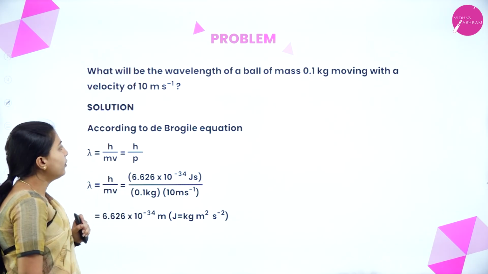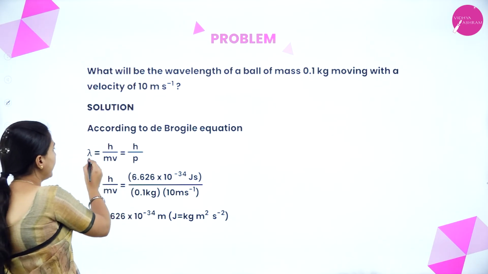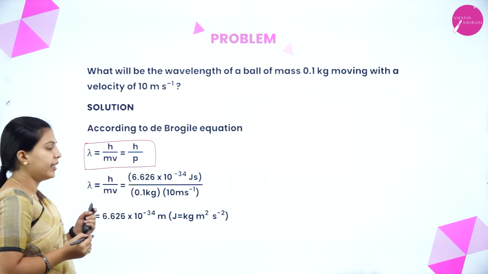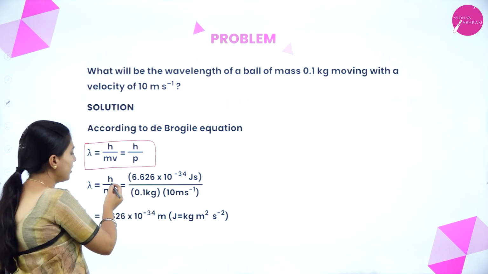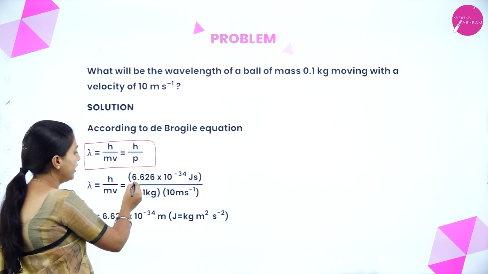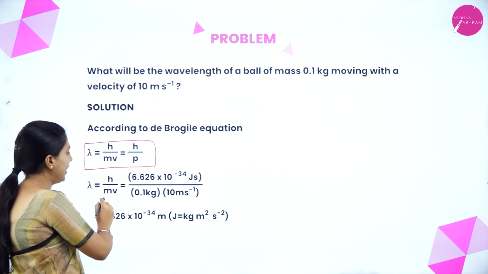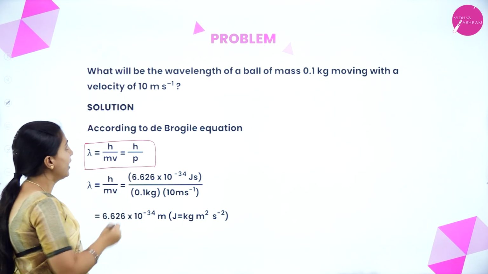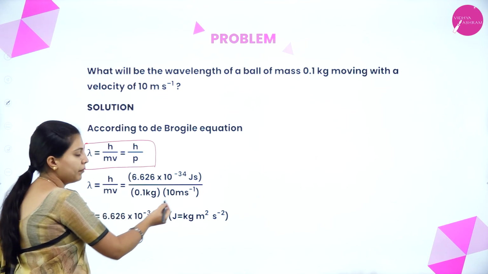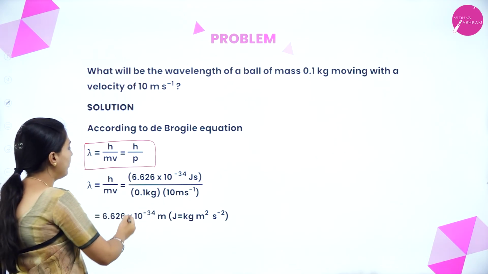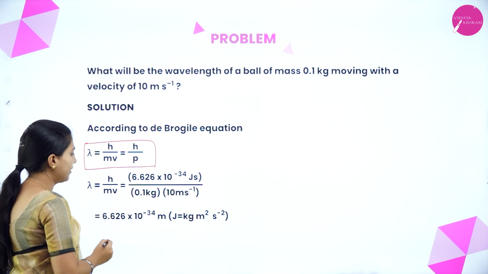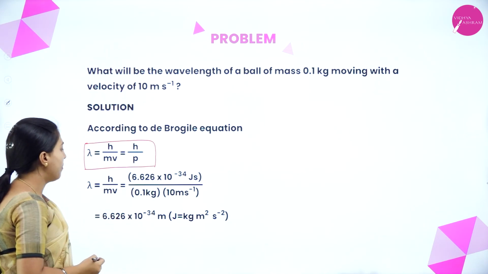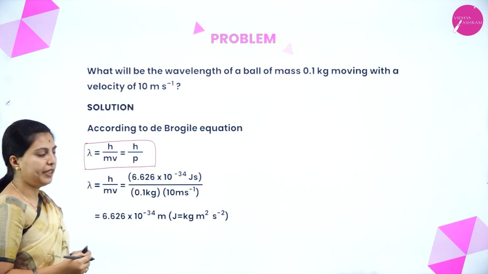According to de Broglie equation, we know that lambda equals h by mv, that is equal to h by p. h is Planck's constant. m into v, they have given mass of 0.1 kg, velocity of 10 meter per second. After calculating this, we will get 6.626 into 10 to the power of minus 34 meter.